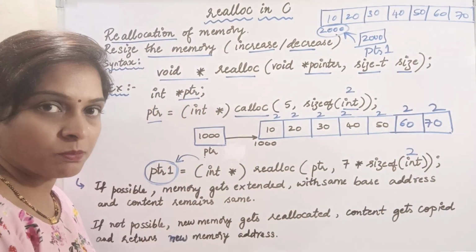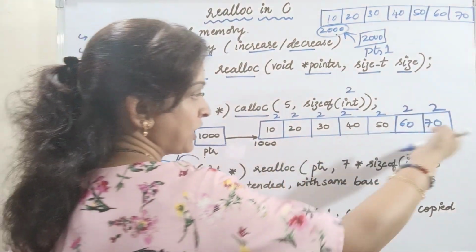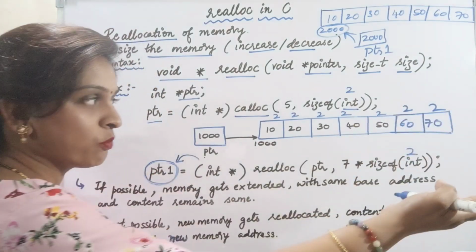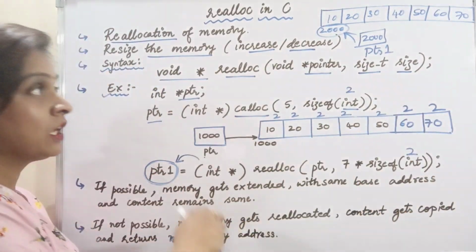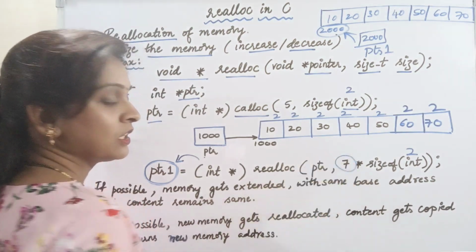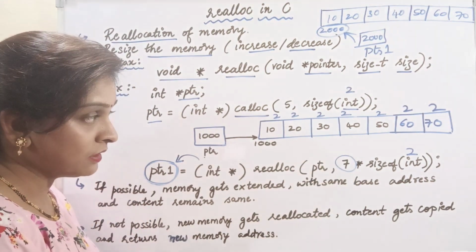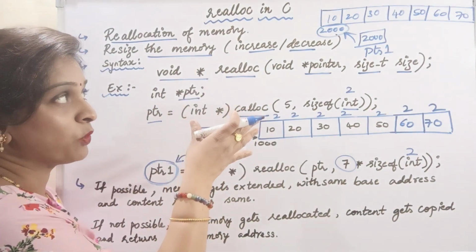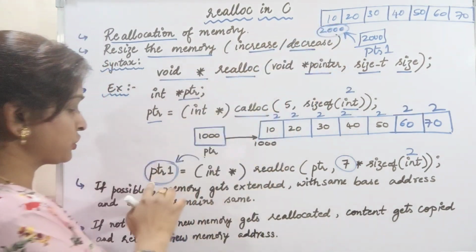So it depends upon the machine. If the memory can be extended, then the same base address with the same content, then add new values. If not, allocate new memory to store this new data, then copy the previous data into that newly allocated memory and return that base address to the pointer.